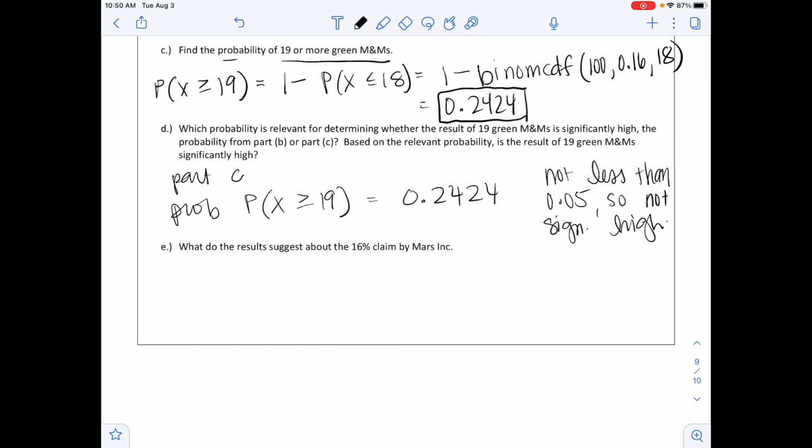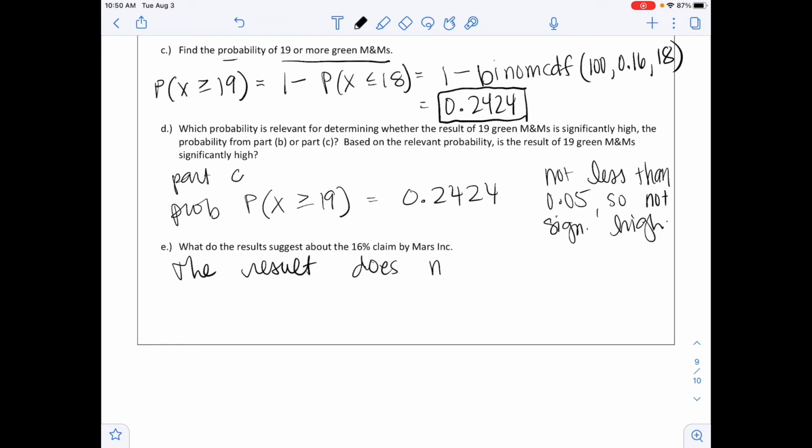So part E says, what do the results suggest about the 16% claim by Mars Company? It was fine if we had this 19 green M&Ms or 19% of them. So the result does not provide evidence against the claim of 16%. So it's not unusual.